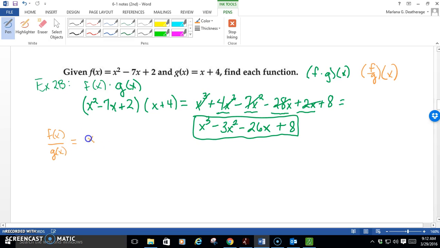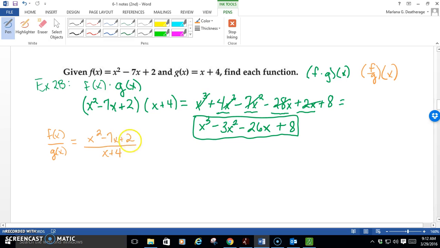So we have x squared minus 7x plus 2 over x plus 4. Now, if we had an x plus 4 in the numerator, we could cancel those out. So you always want to check and see if the numerator can be factored, especially when you have a linear binomial down here. But can we factor x squared minus 7x plus 2?